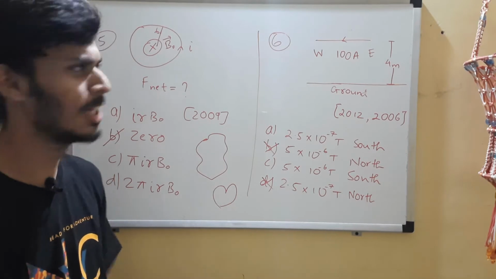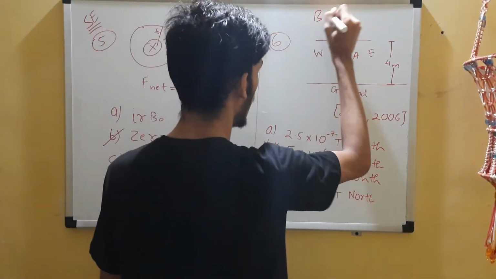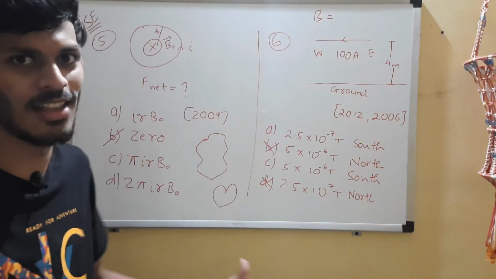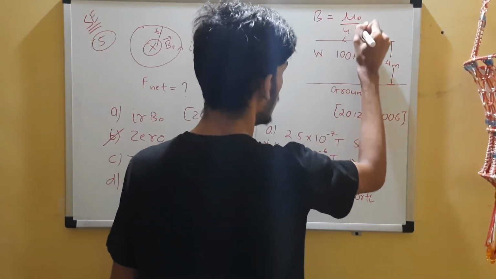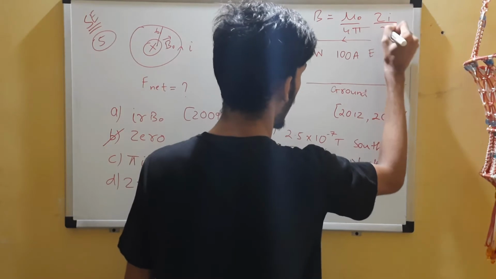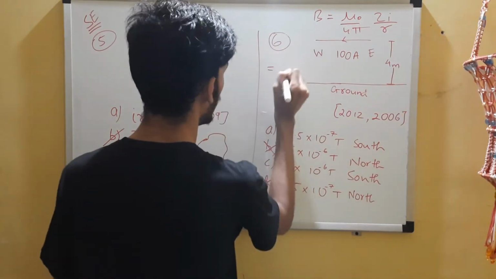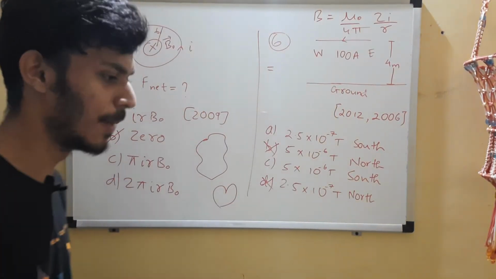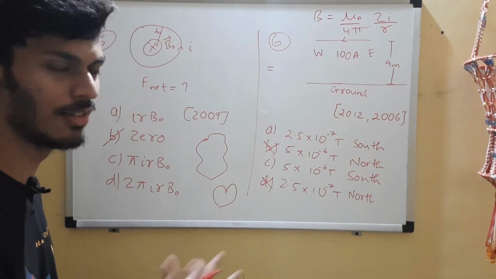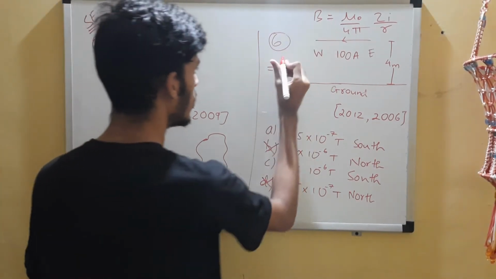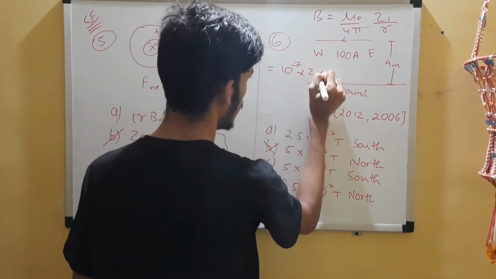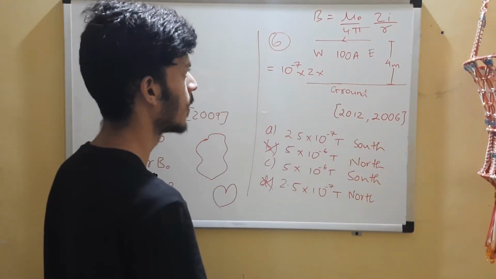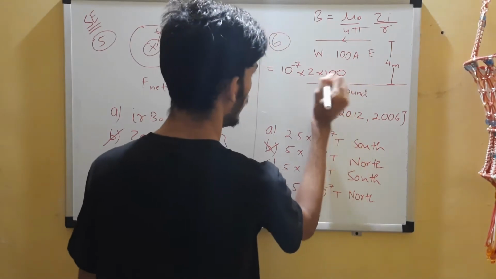Now let's find the magnitude of the field. The magnitude will be given as, now you can treat this wire as infinitely long. So mu 0 upon 4 pi 2I by r. This is the formula for magnetic field due to an infinitely long wire. Mu 0 upon 4 pi is 10 to the power minus 7, into 2 into I, which is 100, divided by r.